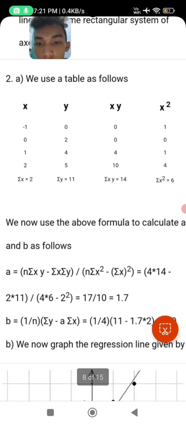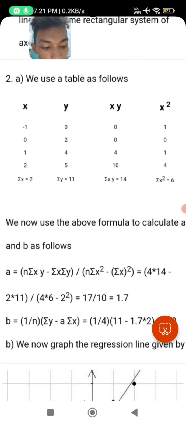The X scores are -1, 0, 1, 2, and the sum of the X scores equals 2. The Y scores are 0, 2, 4, 5, and the sum of the Y scores equals 11. The XY products are 0, 0, 4, 10, so the sum of the XY scores equals 14.